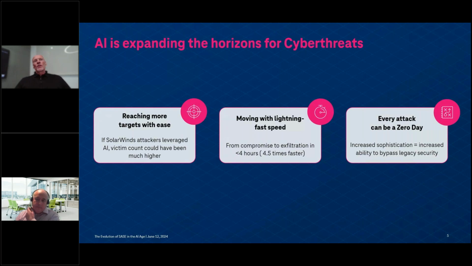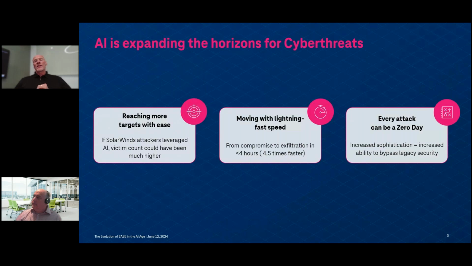Palo Alto Networks threat research agency, Unit 42, recently did some analysis on the SolarWinds attack, and looked at it from the point of view of what it would look like if AI had been present and used at the time. Their conclusion was that as opposed to 55% being infected, it would be closer to 100%.